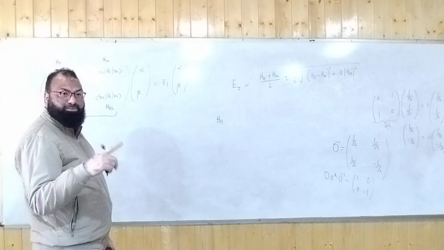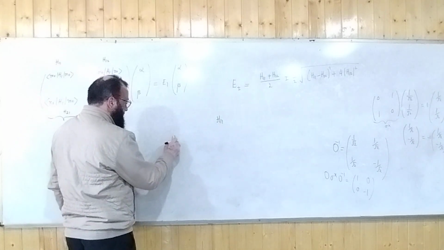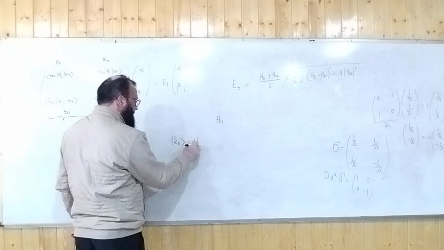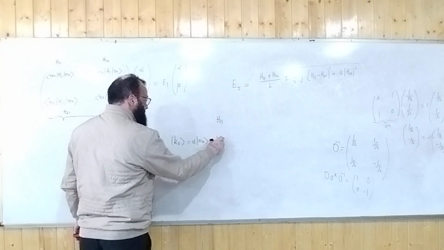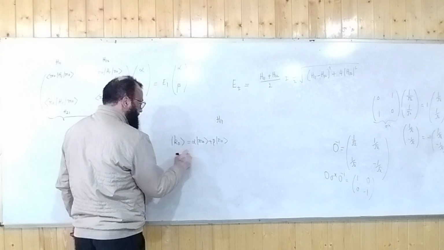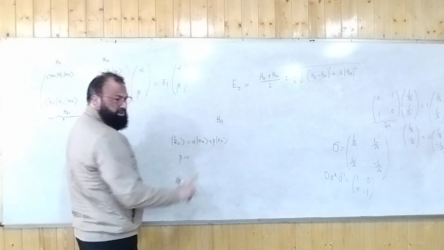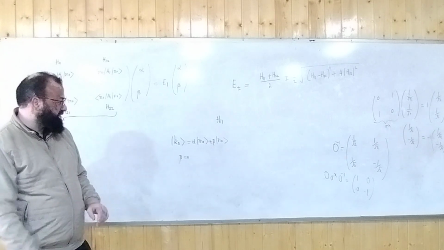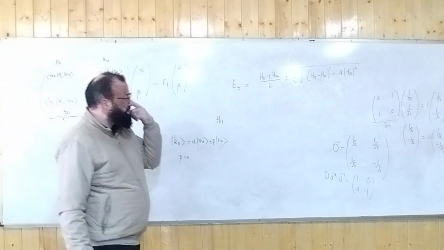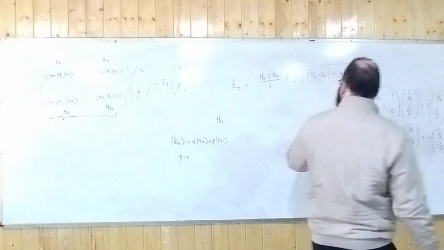Let's say there exists only one state. So what is your state? K0 is equal to alpha M0 plus beta N0. Let's take beta equal to 0. What does that mean? You don't have N0. So there is only one of the possible states, M0.